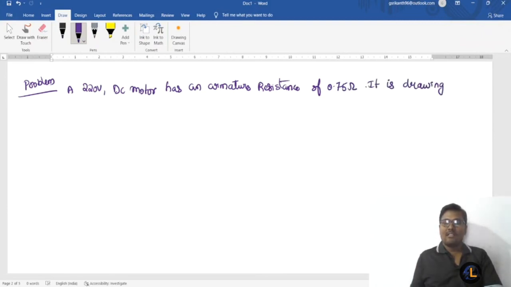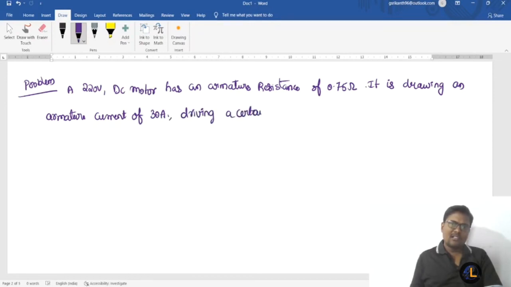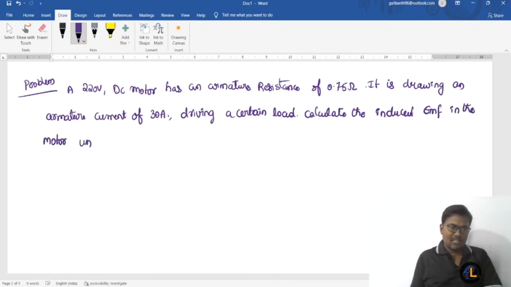It is drawing an armature current of 30 amperes, driving a certain load. Calculate the induced EMF in the motor under this condition.